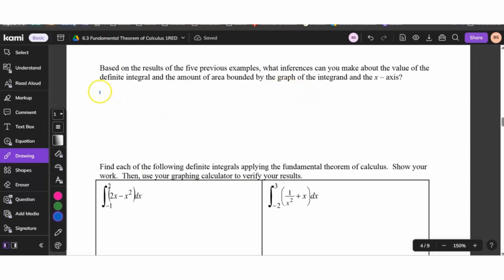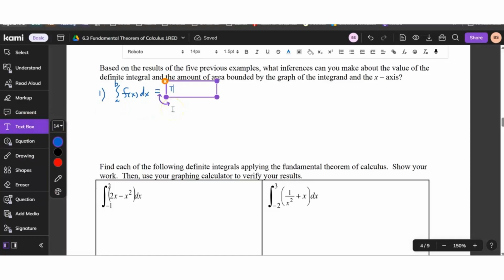All right, there's a few things. Ready? So, if we had the integral from a to b of f of x dx, and it is equal to the area of the region bounded by f of x and the x-axis.